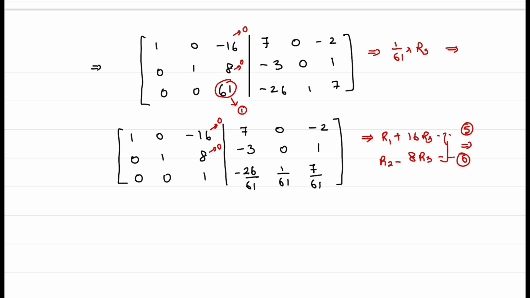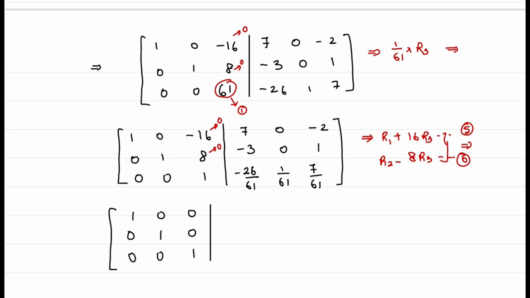Now you see, this implies my augmented matrix as 1, 0, 0, because minus 16 plus 16 is 0. 0, 1, 8 minus, plus 8 minus 8 is 0. 0, 0, 1, I am not changing my third row.